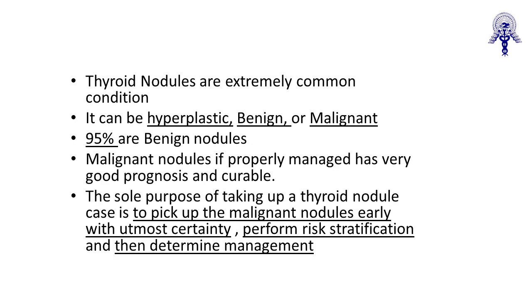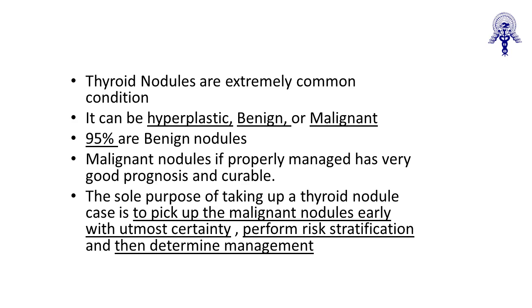And you know, these thyroid nodules are an extremely common condition, and these nodules can arise either as a hyperplastic reaction of the thyroid tissue, which may have various etiologies, or it may be a tumor. And these tumors again can be benign and malignant. The most interesting and the best part of thyroid nodules is that more than 95% of these nodules are benign, be it hyperplastic or benign.